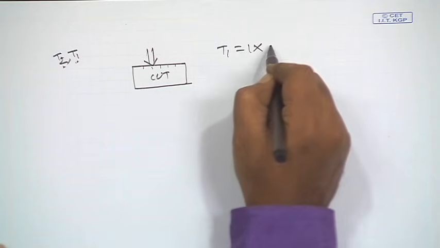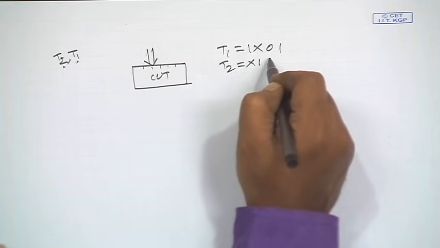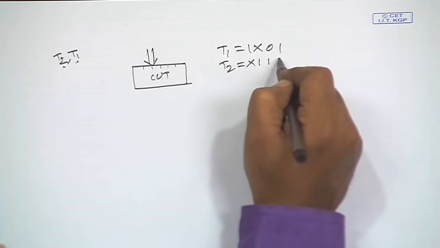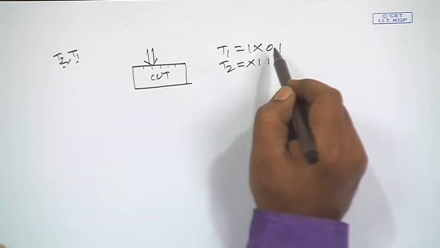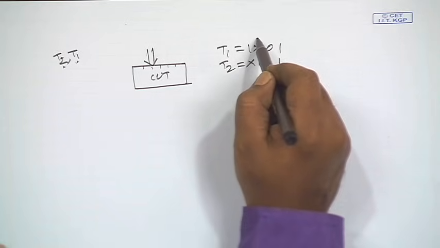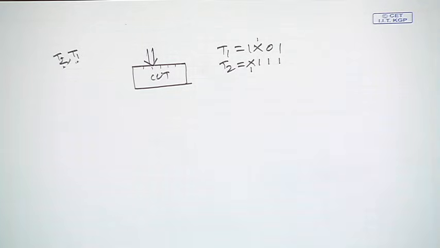So, T1 may be something like 1 x 0 1 and T2 may be x 1, with this being say 1 and this being say 1. There are changes, but if I fill this x by 1 and fill this x by 1, then the Hamming distance between the patterns can reduce compared to the case where these x's are filled up randomly.